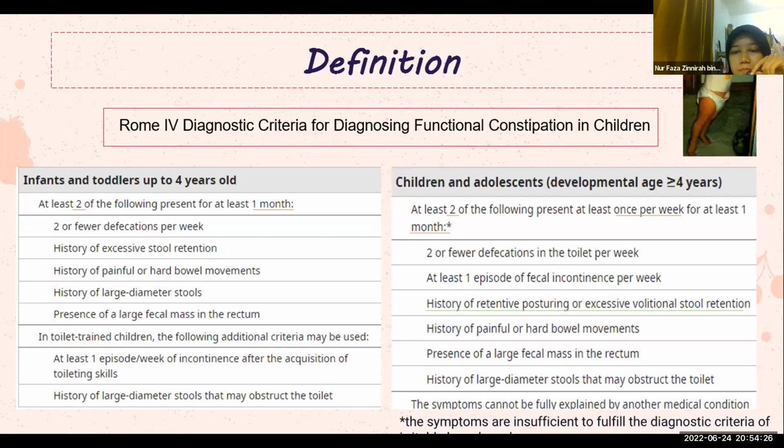As you can see in the picture above, retentive posturing is when the child has straight legs on tiptoes or clenched buttocks with back arching, and it can be mistaken by parents as straining. The excessive volitional stool retention is described in the older child, where they withhold their stool without necessarily displaying retentive posturing.